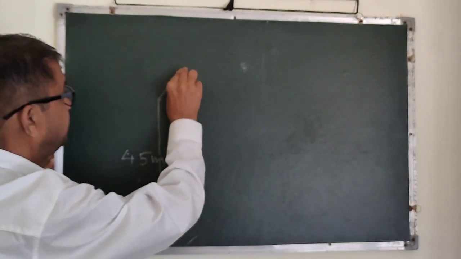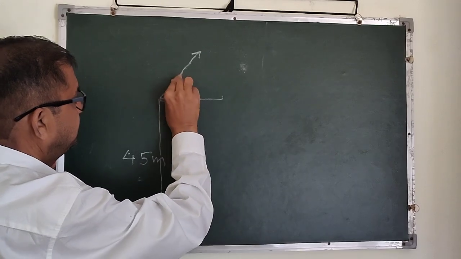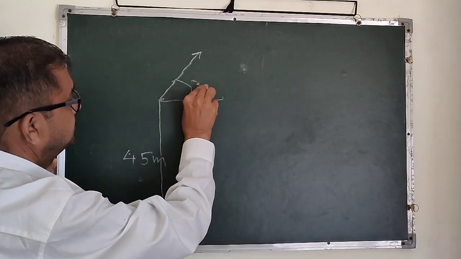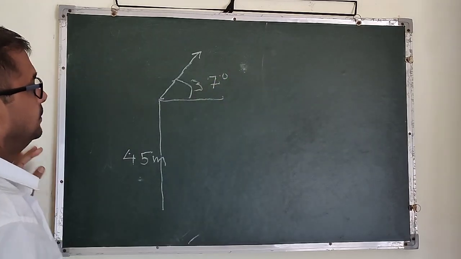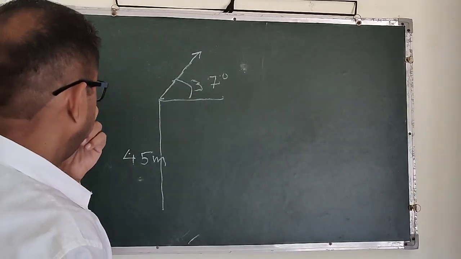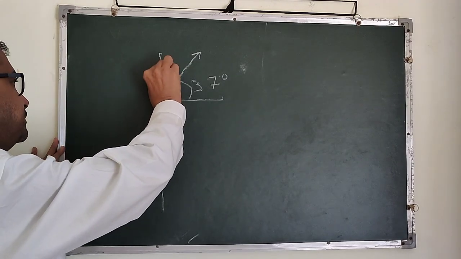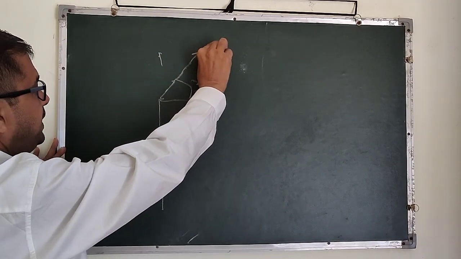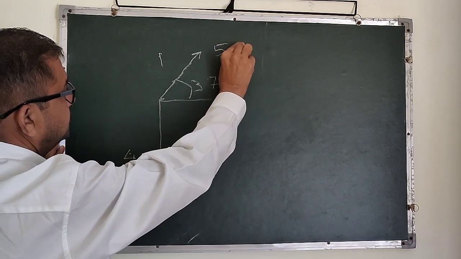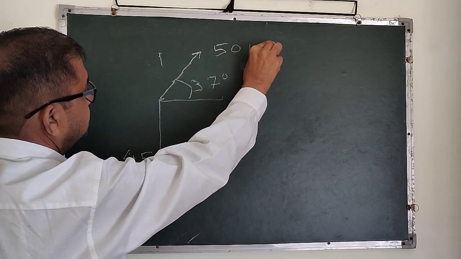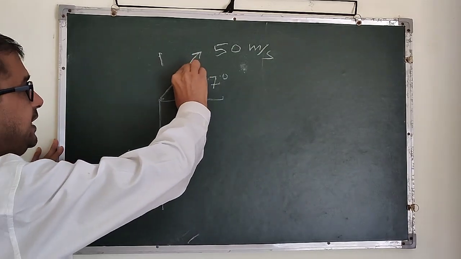An object is projected at an angle of 37 degrees with a velocity of 50 meters per second. The question is: how much time will it take to reach the ground?